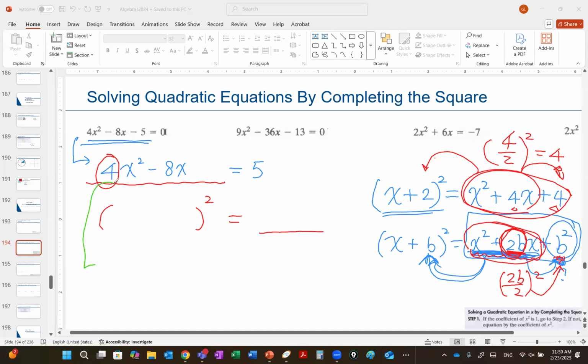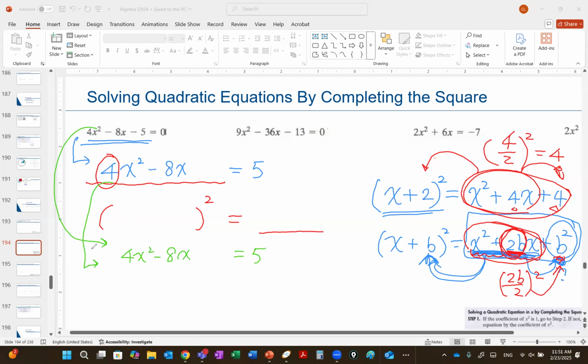Everyone follow here. Don't look at your notebook, look at the screen first. What do we do first? Let me recopy here one more time. We just transform exactly from here, right? First we make the a become 1, make the coefficient in here become 1.